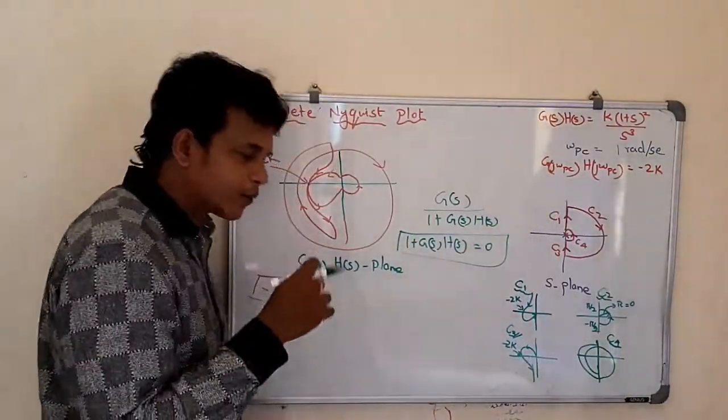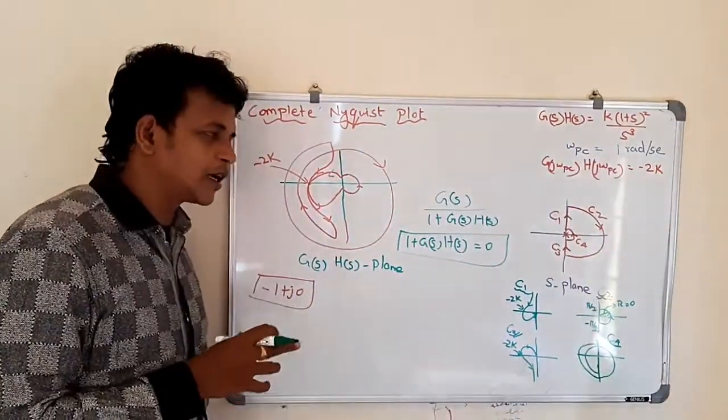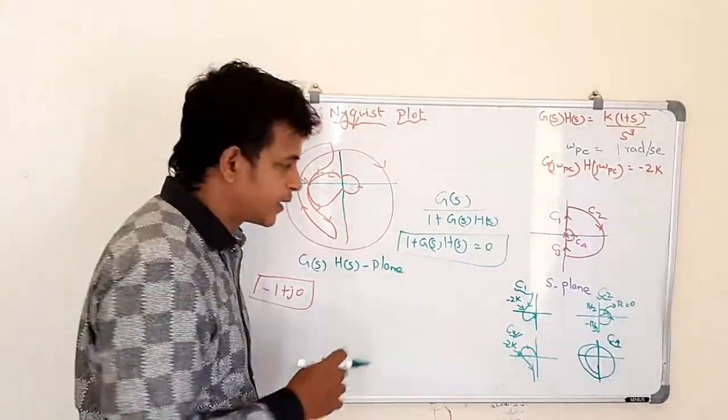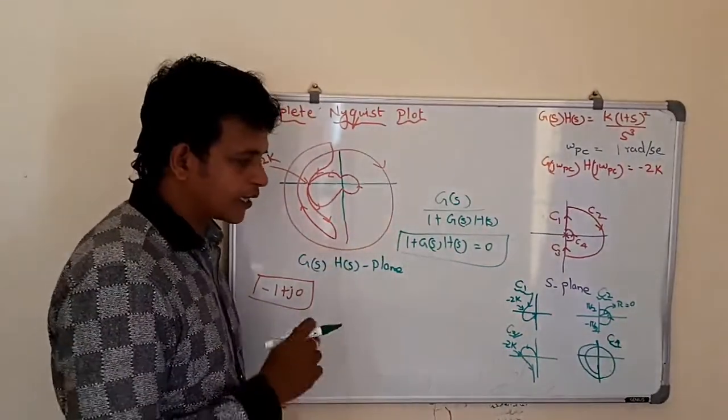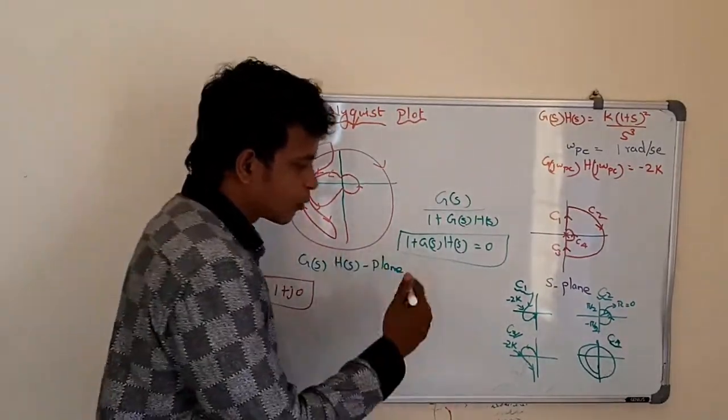For other problems, such as the Routh-Hurwitz criterion, we use this characteristic equation to find stability. Whereas for the Nyquist plot it is quite different.